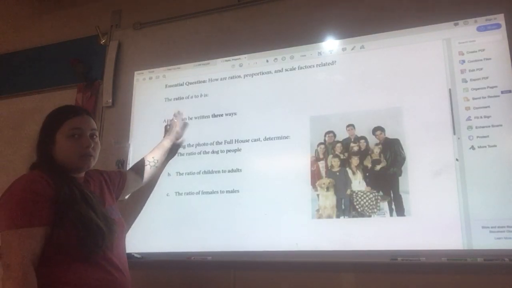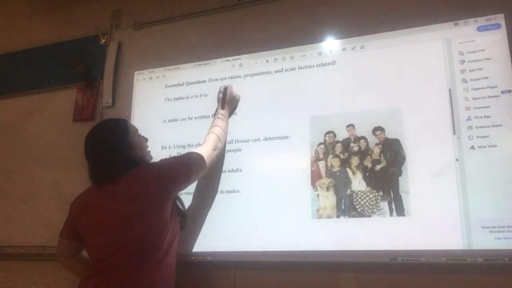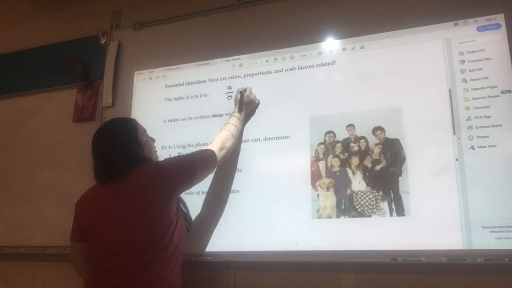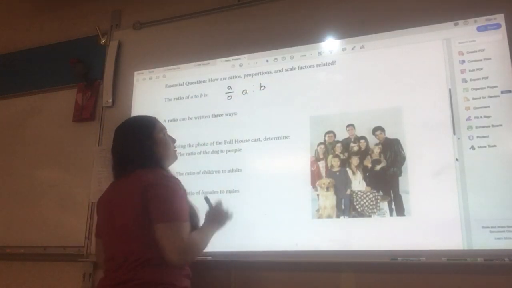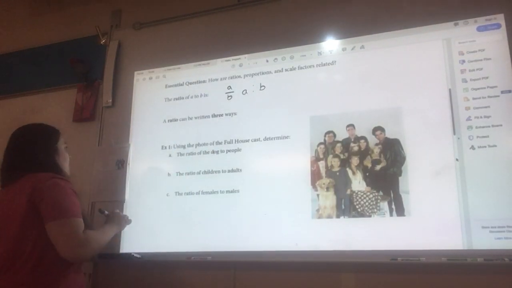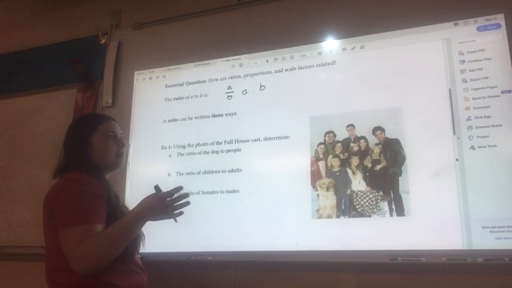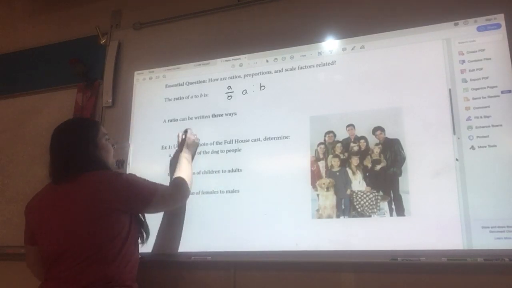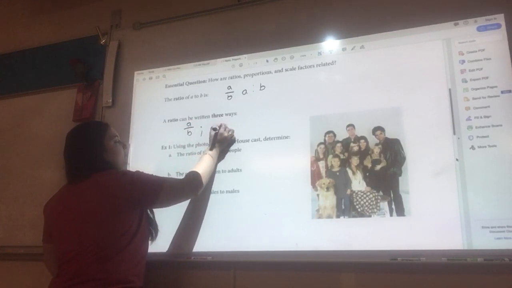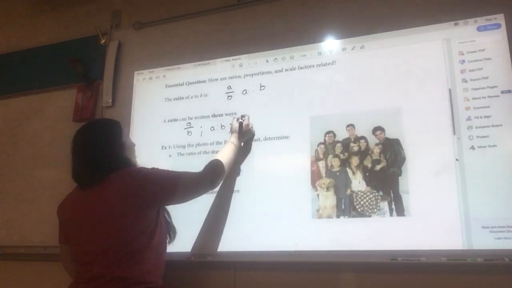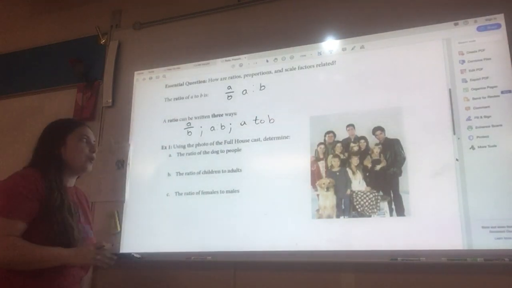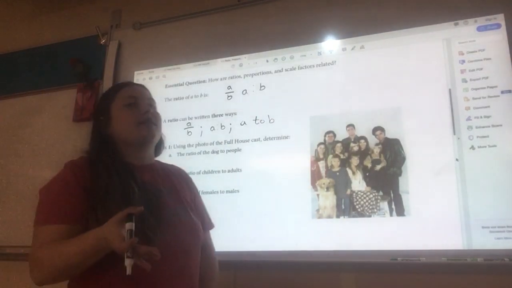The ratio of A to B is an indication of A over B. There are 3 ways to write ratios, specifically of A to B: we have A divided by B, A colon B, and A to B. So we can indicate it with the word "to." There are multiple ways that we can write them.